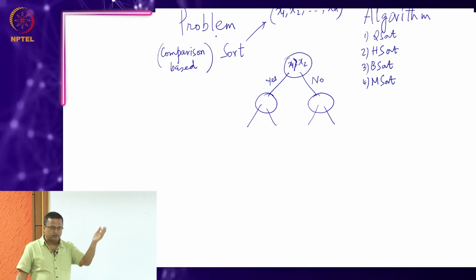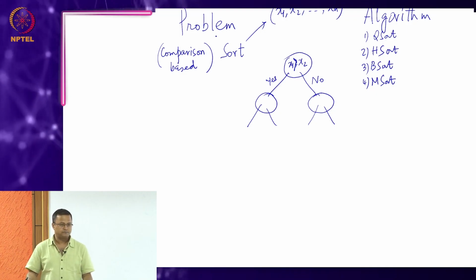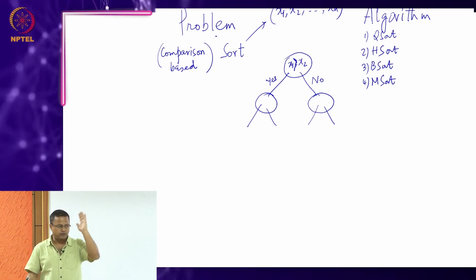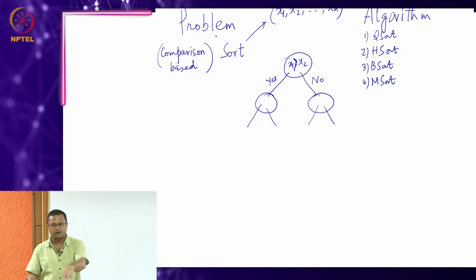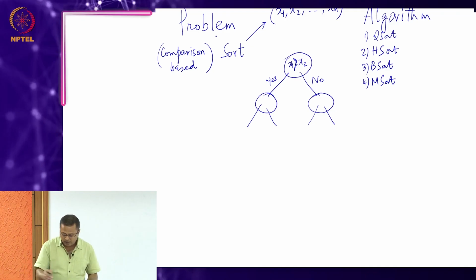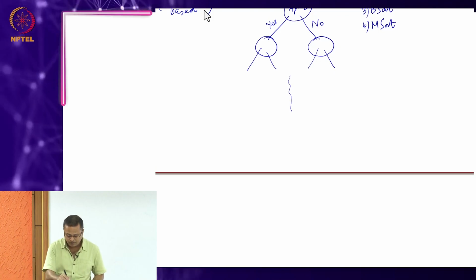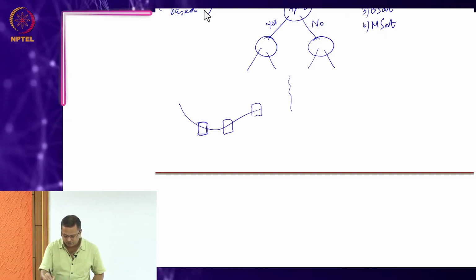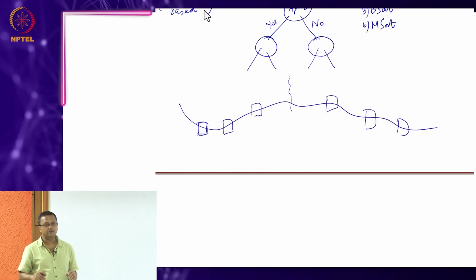So, look at your favorite sorting algorithm and you can model it in this fashion. For example, in bubble sort, you compare x1 with x2, whichever is greater, then you compare x1 with x3. Somewhere down the line in another of the nodes of the tree, those comparisons will come, and this tree kind of grows. Now, you will have leaves of this tree. What are the leaves?